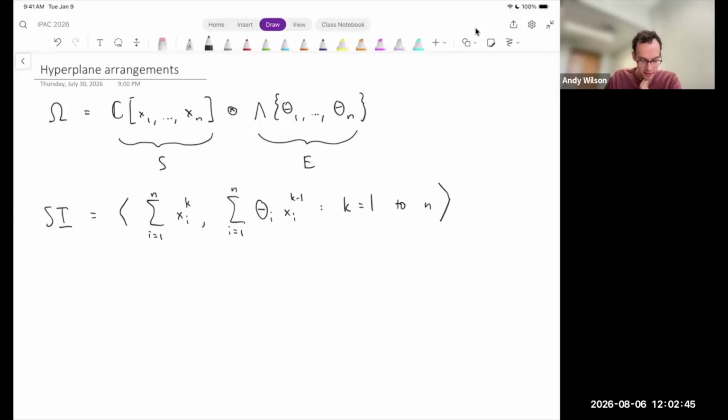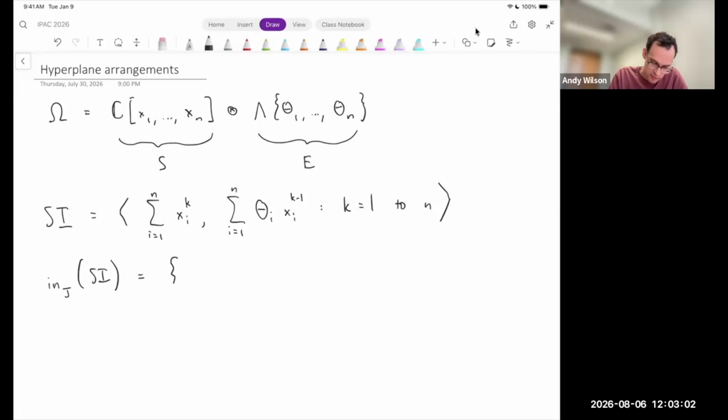The idea was to look at the so-called J initial ideal of these things, to move this back into a polynomial question. So what is this ideal?